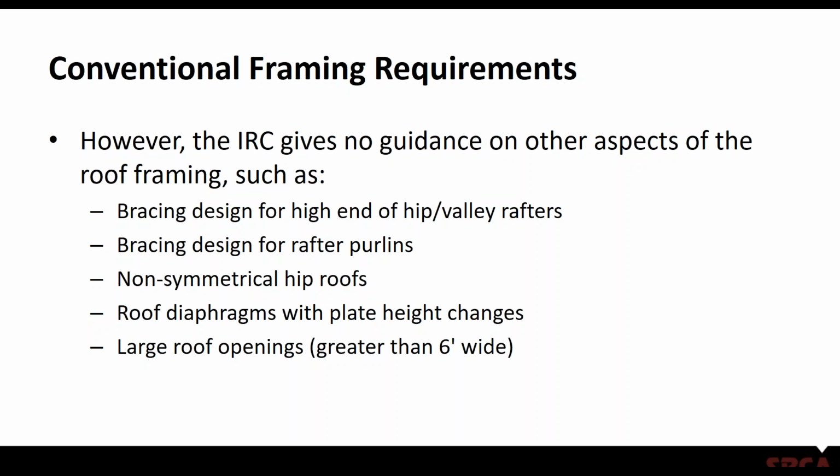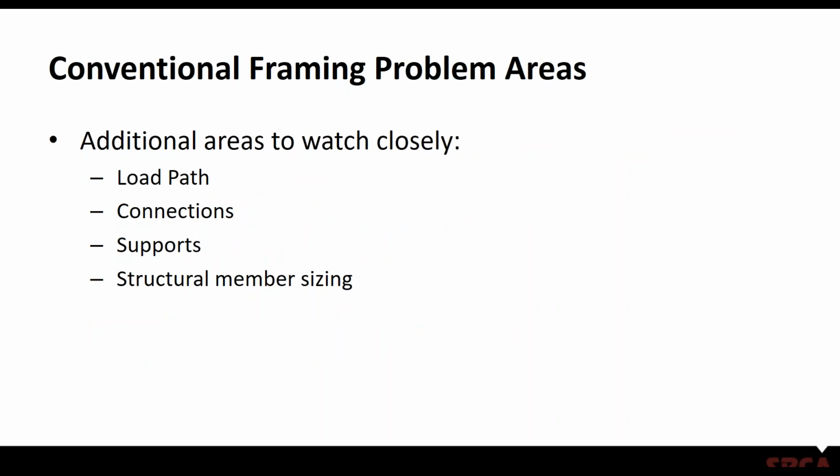It talks about a maximum unbraced length of 8 feet, but what are you supposed to do if you've got a tall roof and the purlin brace exceeds 8 feet? Then what do you do? Non-symmetric hip roofs, roof diaphragms with plate height changes, large roof openings that exceed 6 feet on center. These are basically all not covered. There's no guidance in terms of the prescriptive requirements.